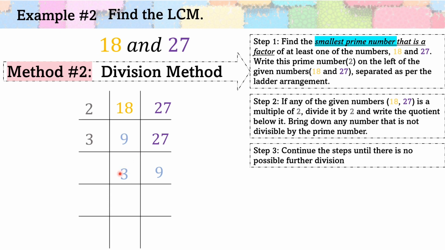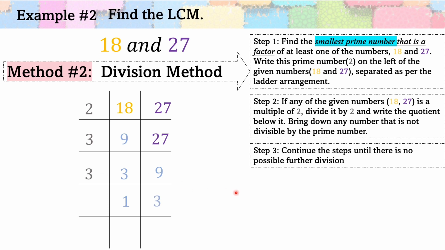3 and 9 have a factor that is the smallest prime number, and that is 3. So let's continue dividing. 3 divided by 3, the quotient is 1, right below it. And then proceed to 9 divided by 3 is 3.